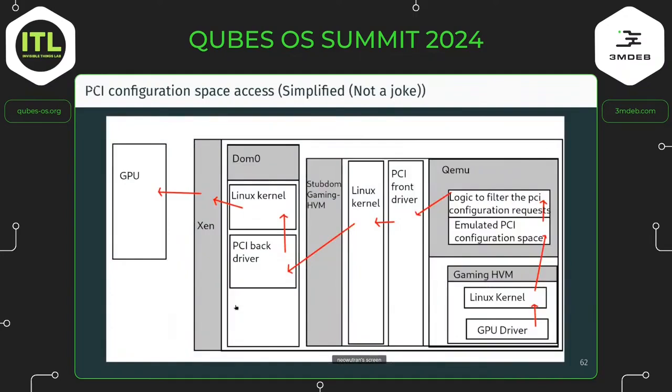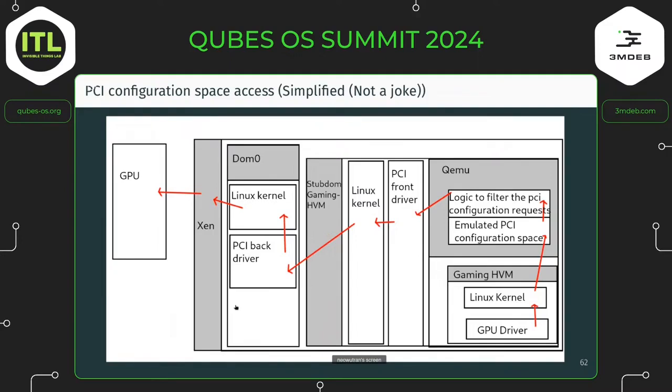So this is how I understand the road from the gaming HVM to the hardware. I simplified it a bit by removing some code from Xen to make it more readable. When we want to read or write the PCI configuration space, it starts from the Nvidia driver in the gaming HVM.